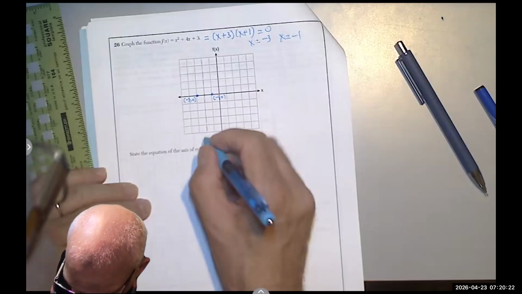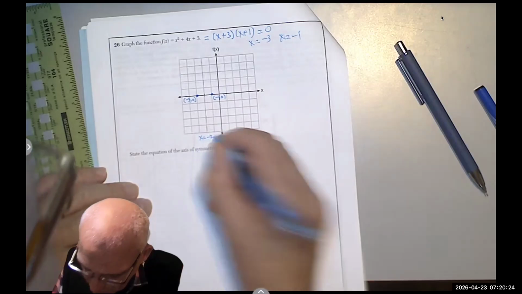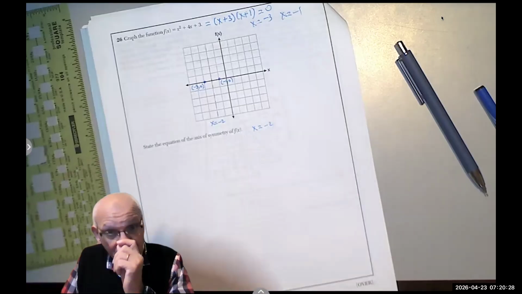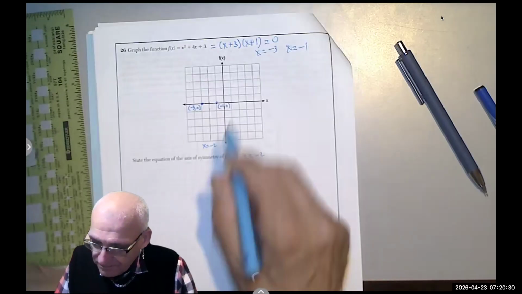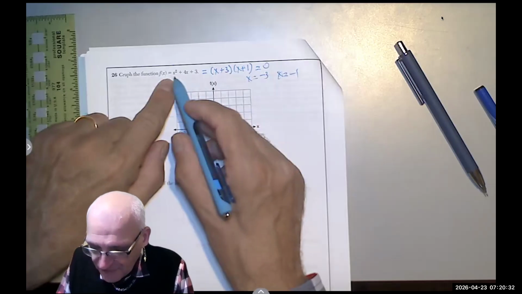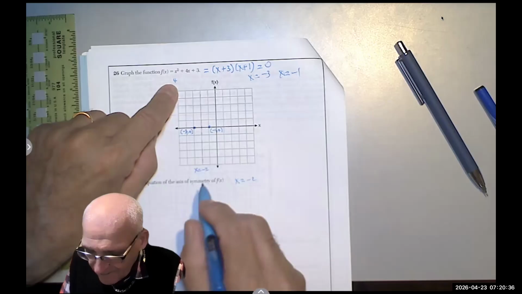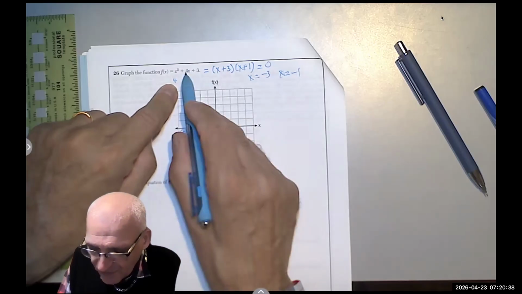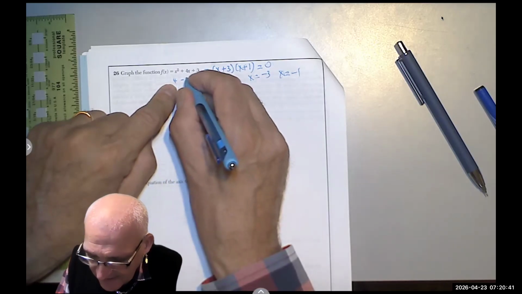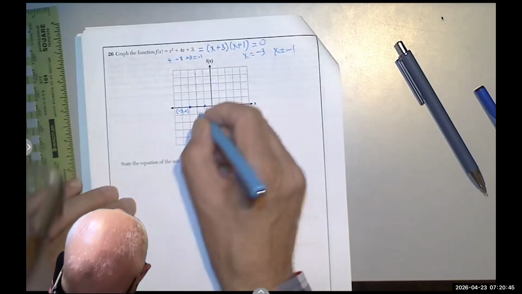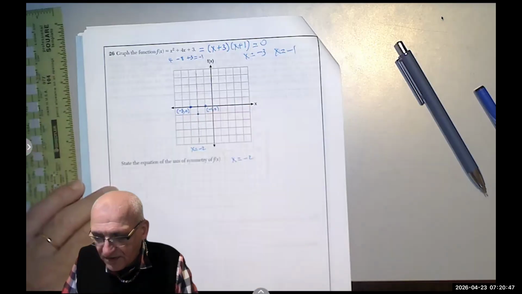This is x equals negative 2. That's the axis of symmetry. Well, when x is negative 2, x squared would be positive 4. 4x would be 4 times negative 2, meaning negative 8, plus 3 equals negative 1. So negative 2 and negative 1 is a point on the graph.